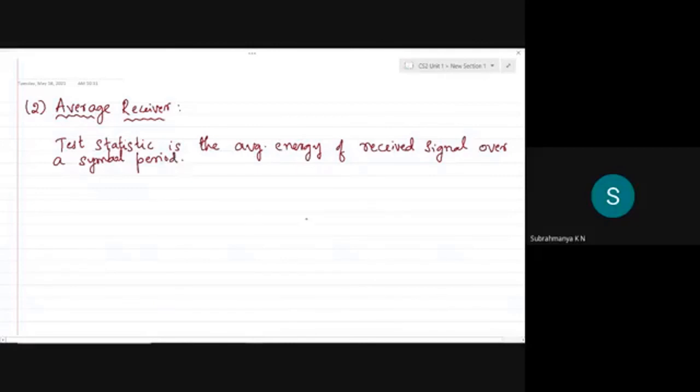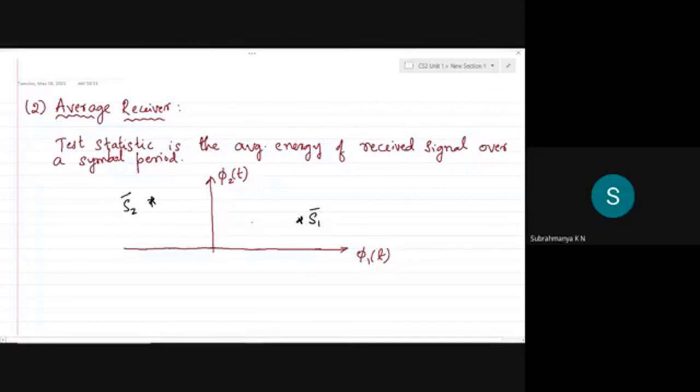In other words, we have seen that any symbol can be sketched in terms of vectors, that signals can be represented geometrically. Say, as an example, in a two-dimensional representation of a signal, S1 is represented at this point, and S2 is represented at this point.